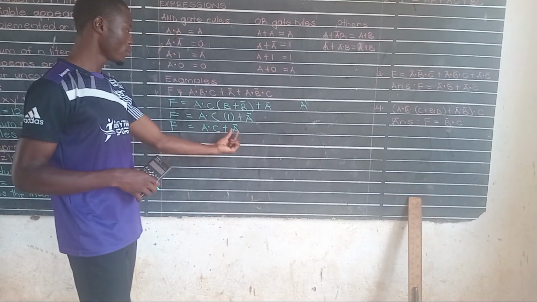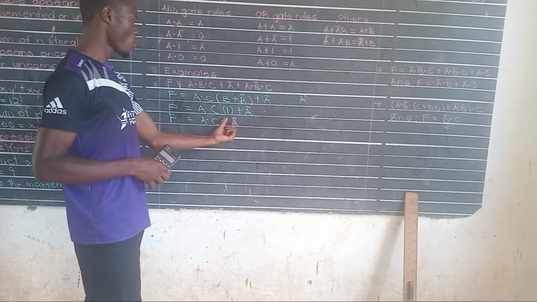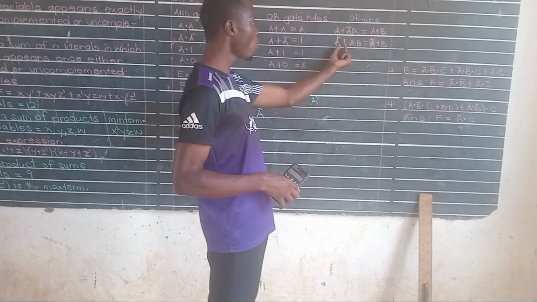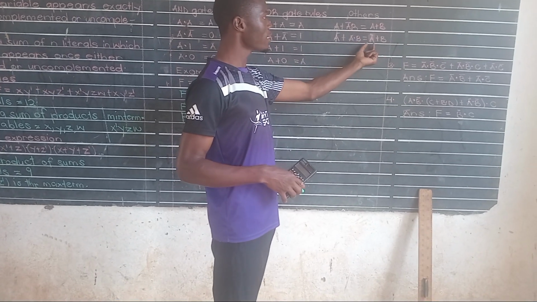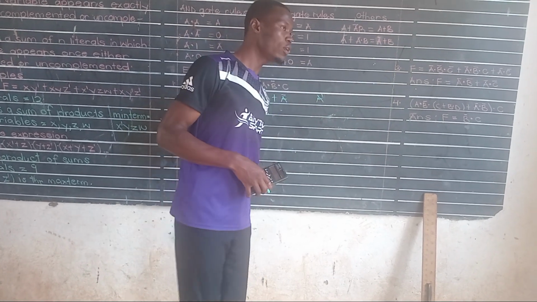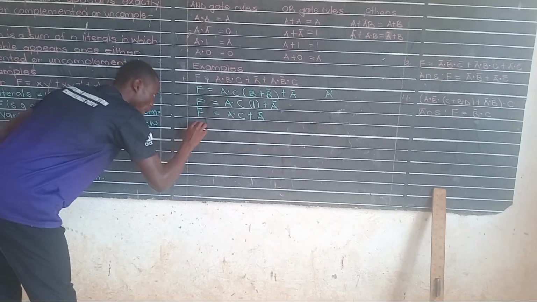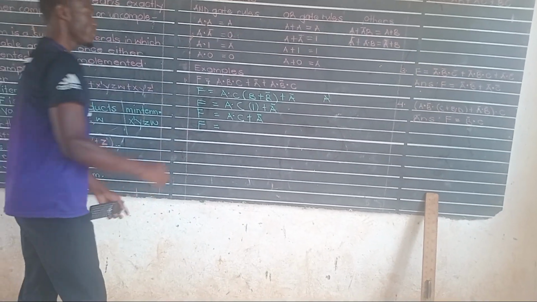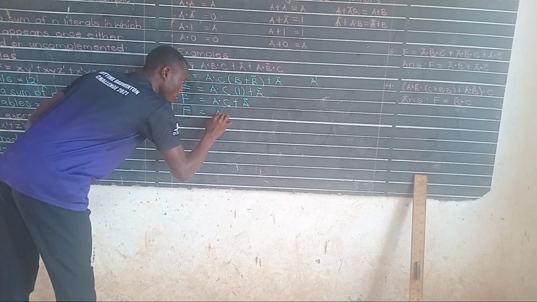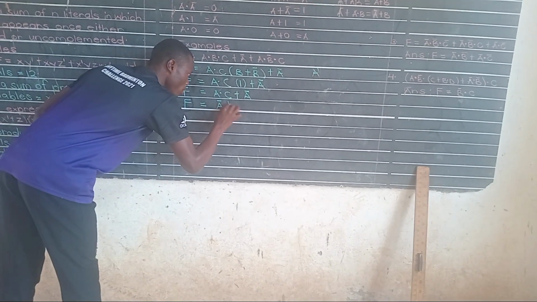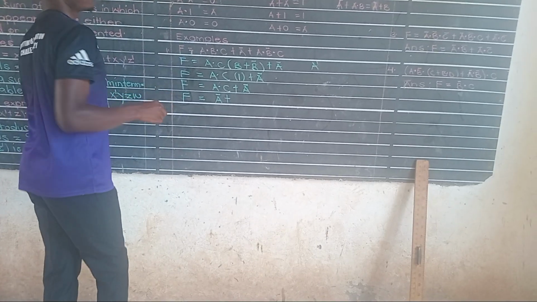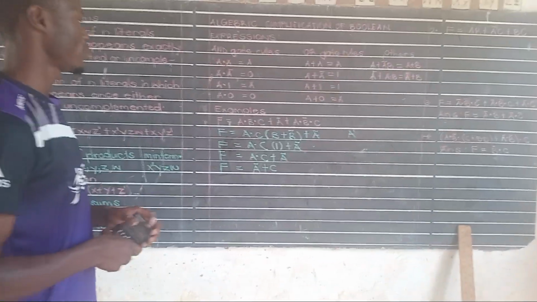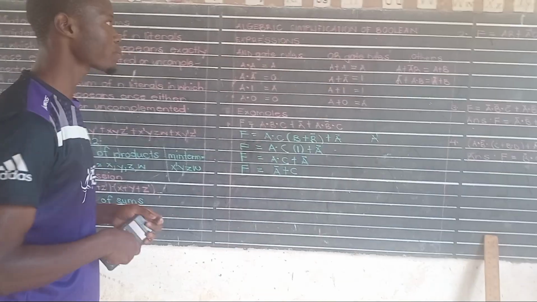So I'm having not A or A C. And here they are telling me that not A or A B is the same thing as not A or B. So I will further simplify this by saying that this is the same thing as not A or C. So that is the simplified solution to that problem.